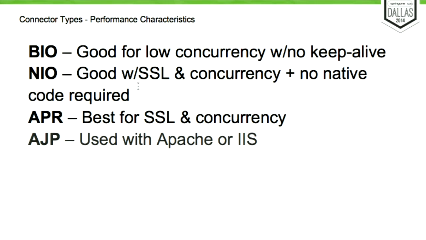I have some material I'll show later about that, but you're definitely going to get the best performance with APR. The NIO connector does fairly well with SSL, but it boils down to the NIO connector using the JVM's SSL implementation, which itself is just not as fast as OpenSSL.